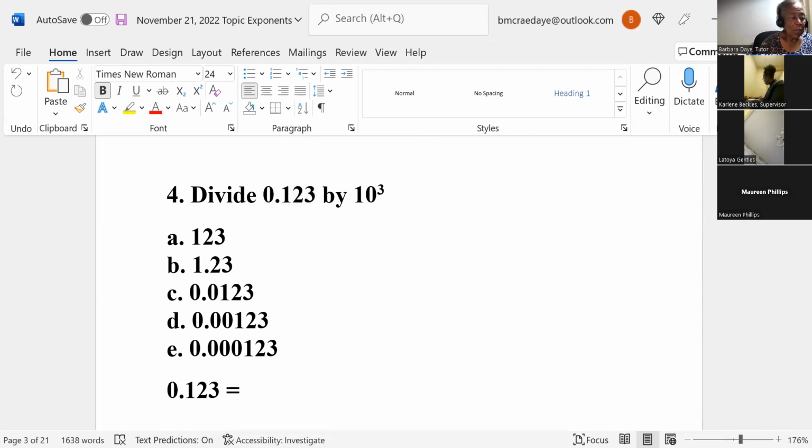Now, what is 0.123 written with an exponent times 10? Express this in scientific notation. What would it be?